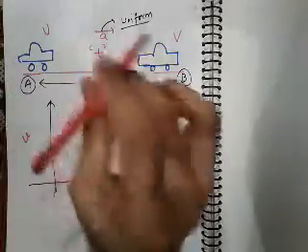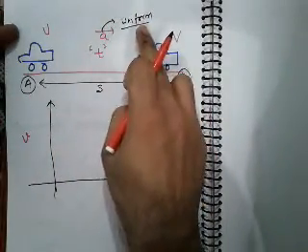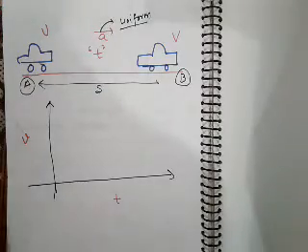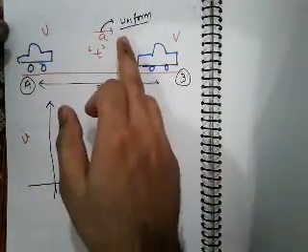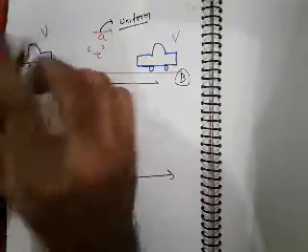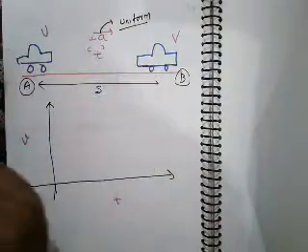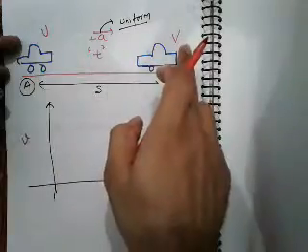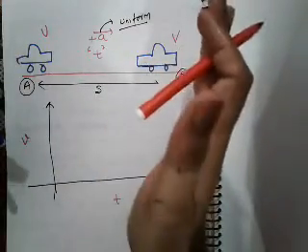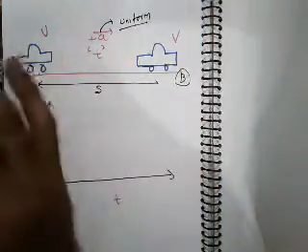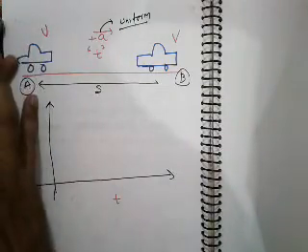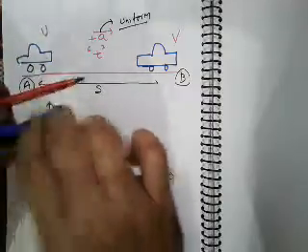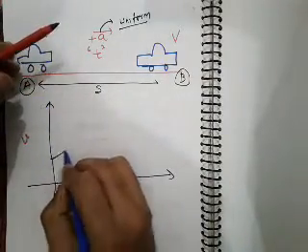If the acceleration is uniform, then the velocity time graph must be a straight line. In our assumption the acceleration is positive, so the velocity of the car increases from the initial time to the final time, or from the initial point A to the final point B. So the graph will be like this.